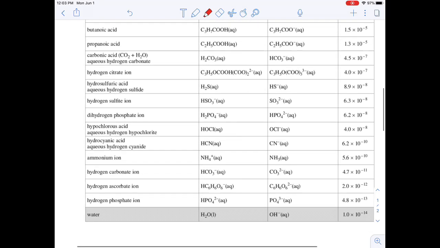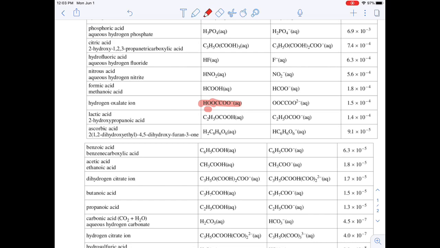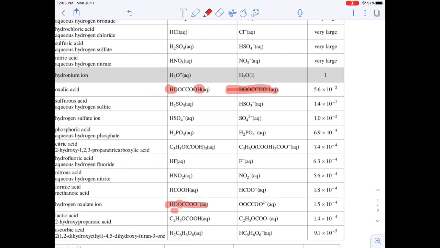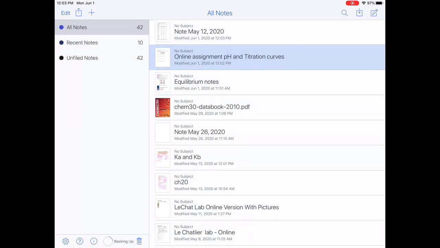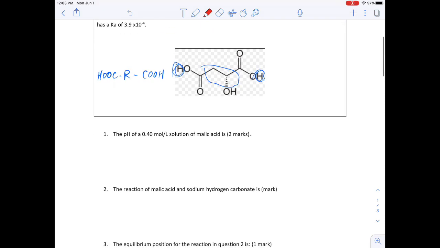And that amphiprotic species can be found here as well. So it's acting as an acid or a base. So back to our assignment. We have this diprotic acid that is going to be donating one of its hydrogens.